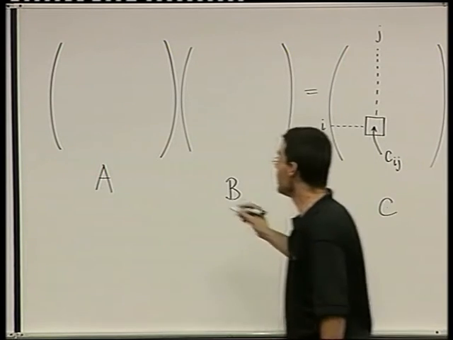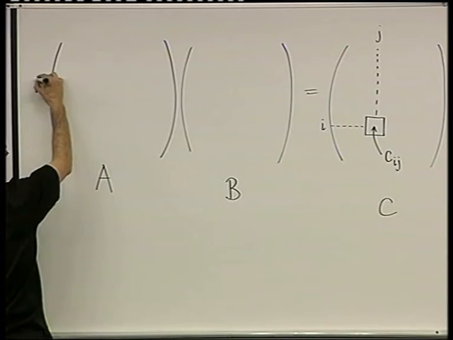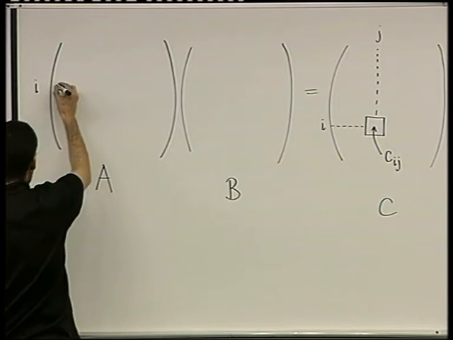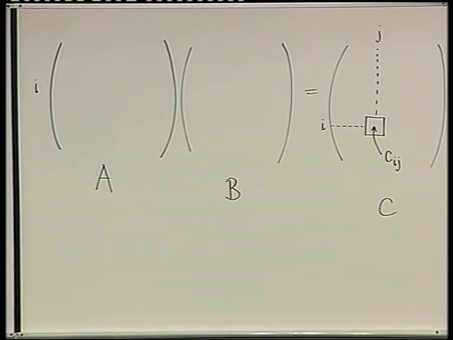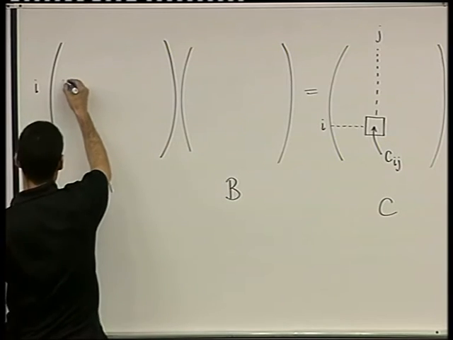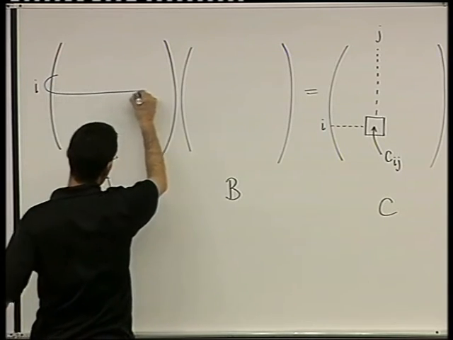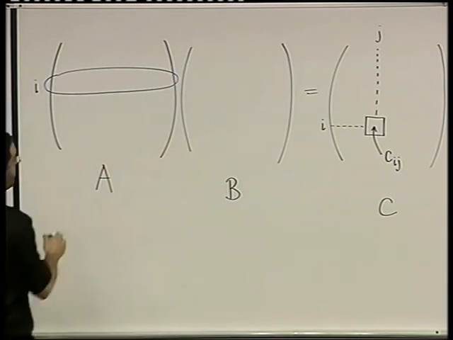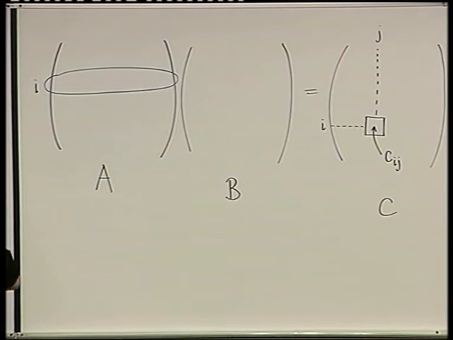What we did is we took the ith row from A, the entire ith row. Let's circle it here. This is the entire ith row. Well, I didn't draw it in the right place, right? Let's make it more convincing.